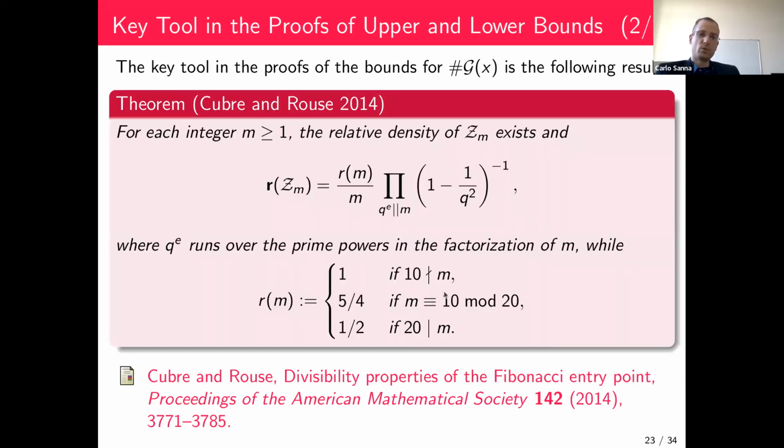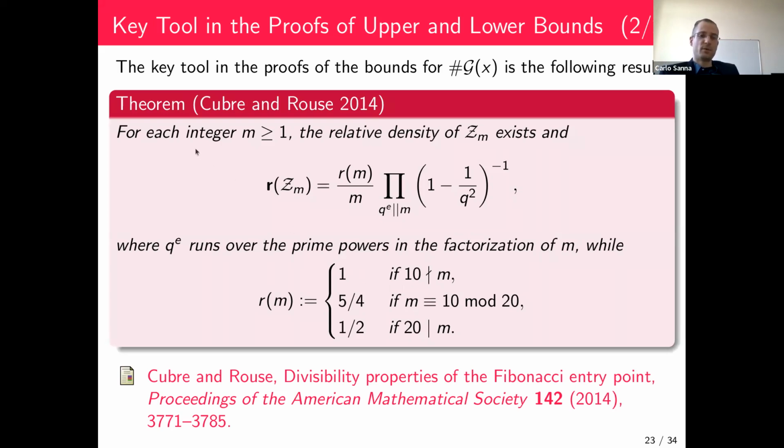Okay, the key tool in the proof of the previous bounds for the counting function of G is the following result due to Cubre and Rosa, which provides the relative density of the sets Z sub m.